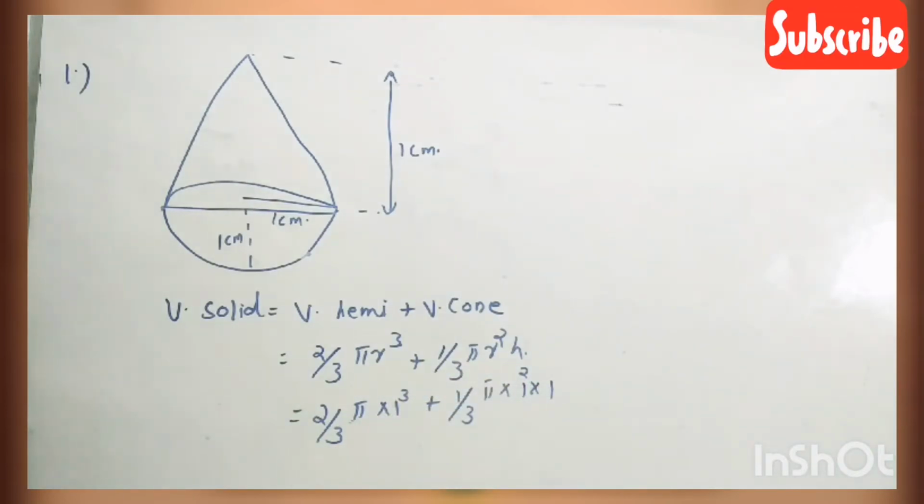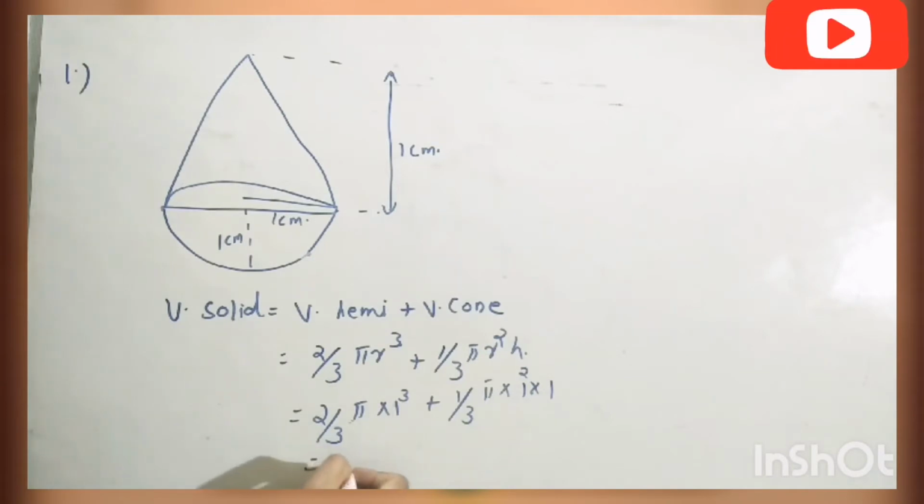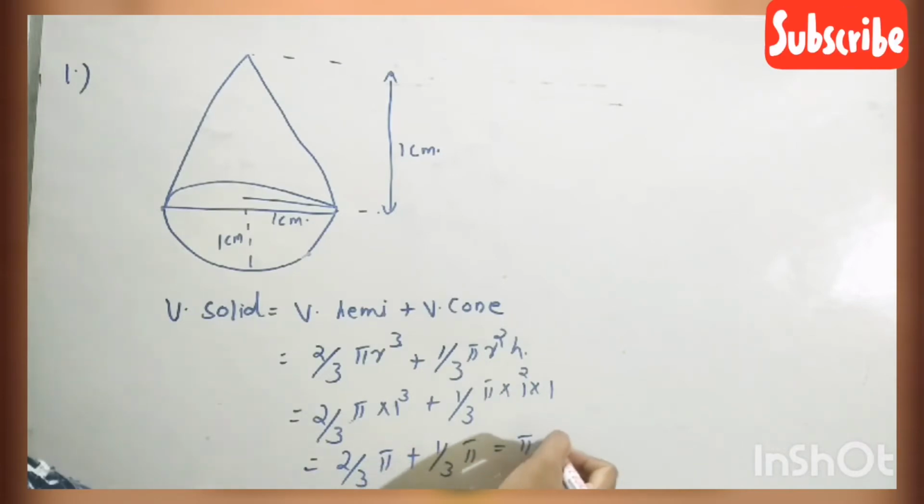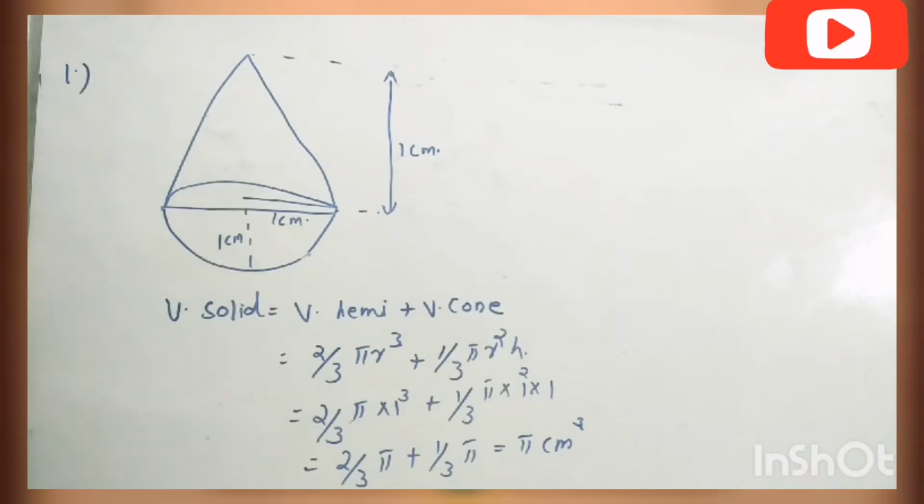This is equal to 2 by 3 pi plus 1 by 3 pi, that is equal to pi centimeter cube. Pi centimeter cube is the volume of our solid.